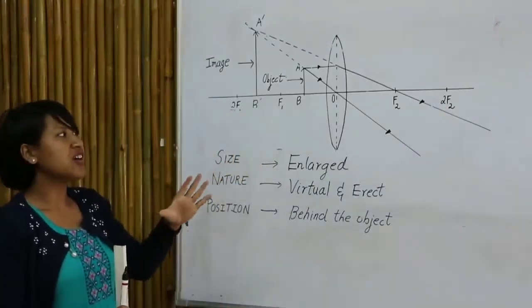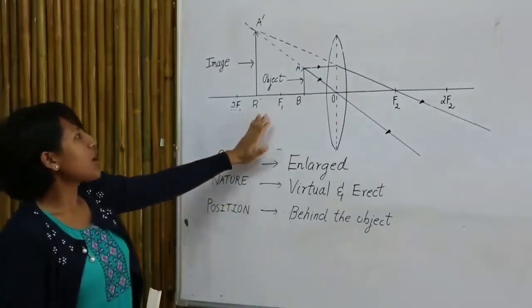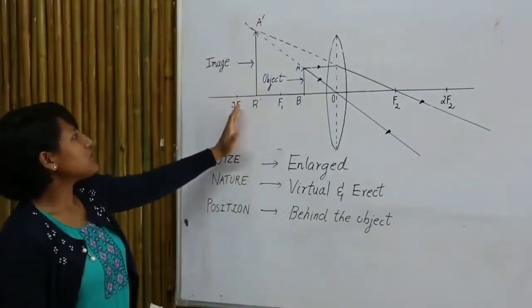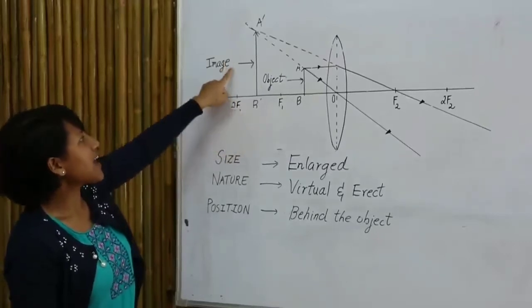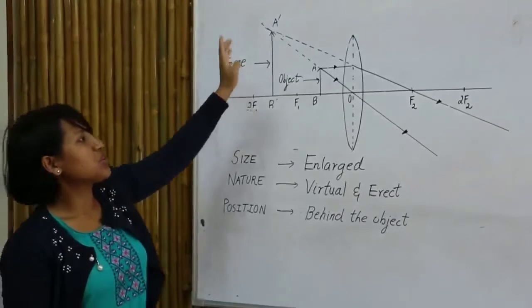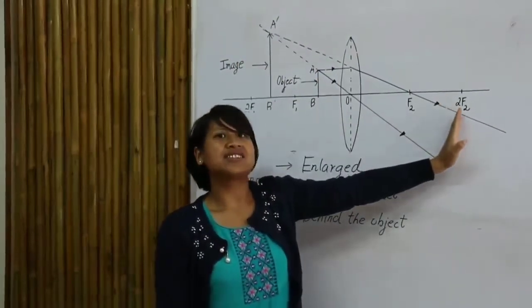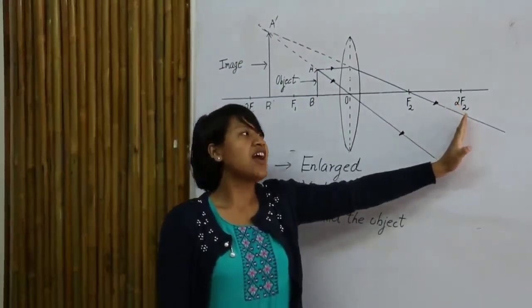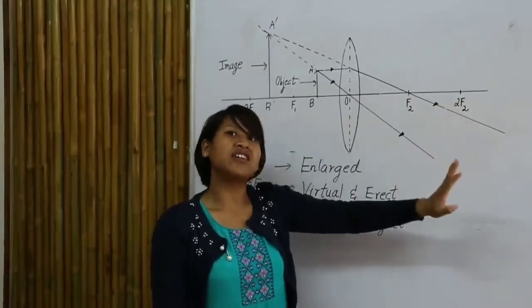Now we move to the case where we place the object at 2f1, exactly here. Amazingly, the image will form here and the size will be the same. The nature will be real and inverted.